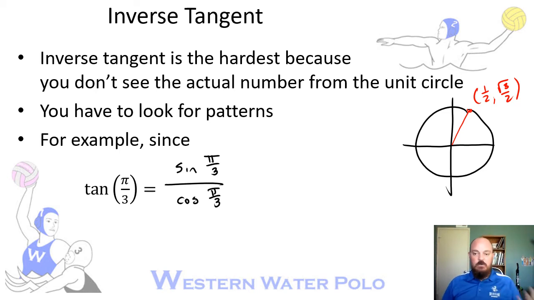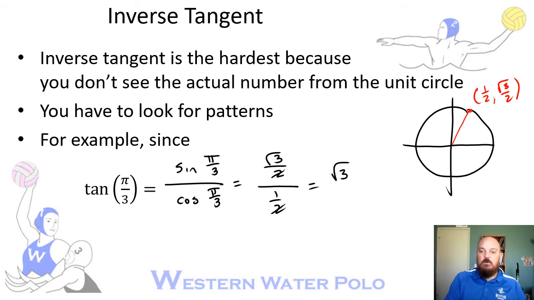Remember, tangent is sine over cosine, so I'm going to use those values. From the unit circle, that would be radical 3 over 2 over 1/2. When you simplify it, the 2's would cancel. You would get radical 3 over 1, or basically just radical 3. So you can see it took a few steps, but from the unit circle, I figured out that tangent of pi over 3 is radical 3.